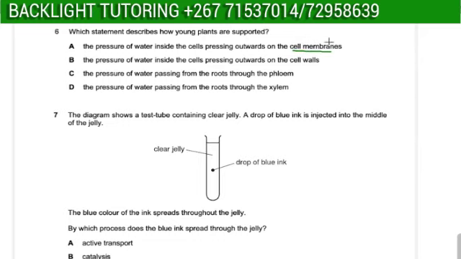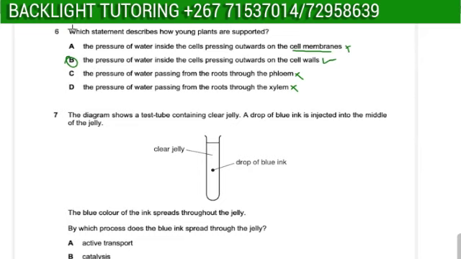The cell membrane makes this answer wrong. And then the pressure of water inside the cell pressing outward on the cell wall, right? That is turgid pressure. And then phloem and xylem, they make the answer wrong. That's why we choose B as the best answer.